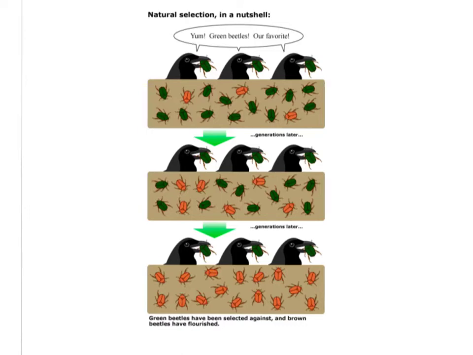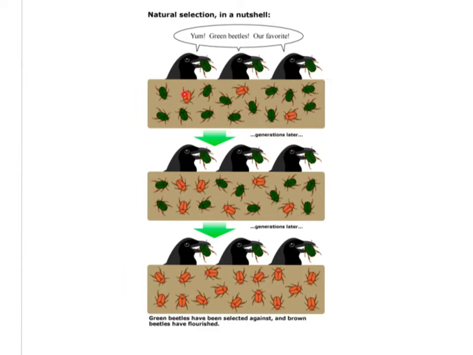So let's just look at this using some different examples and different ideas. Suppose we have a population of beetles, green and orange beetles. And here's the population. We're going to look at natural selection at work right here. We have the predators up here selecting their favorite, the green beetles.